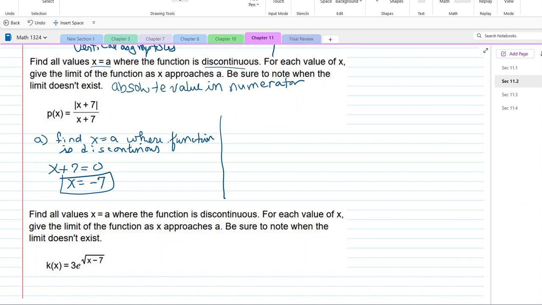All right, so now they're asking us, does a limit exist as it approaches a? All right, now it's not asking continuity. It asks, does an x have a value? All right, so we want to test for a limit.